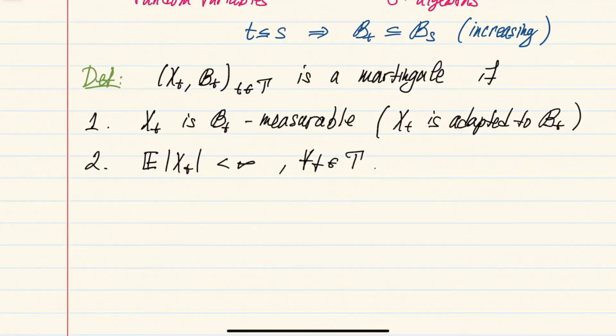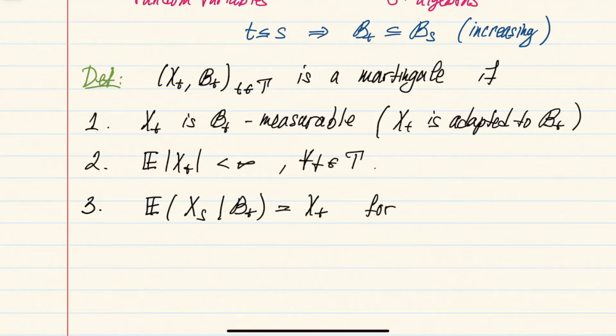Now, the last assumption is really what defines the martingale here, namely that if you take two indices t and s, where s is the bigger one, then the conditional expectation of xs given sigma algebra BT should be equal to xt, for any pair t less than or equal to s in our set.